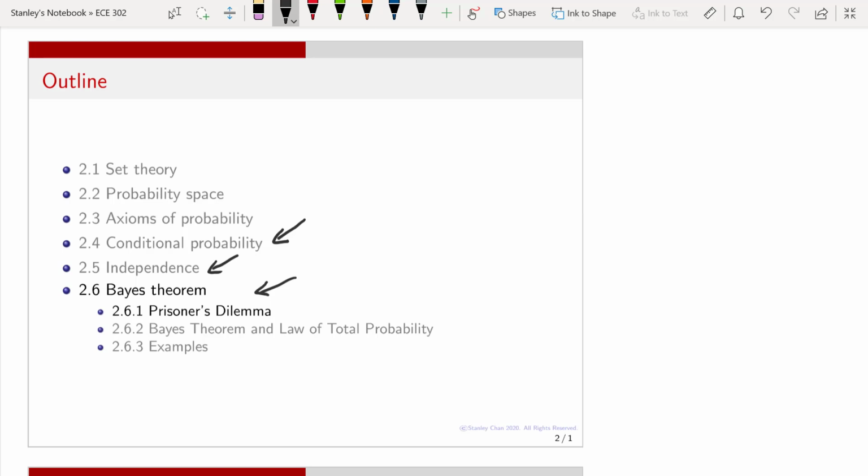The goal of this problem is to show you the difficulty of using conditional probability and independence to make reasonings. You will see that to solve this problem, we need some new tools. Therefore, I'm going to introduce Bayes' theorem and the law of total probability. Afterwards, we are going to look at a few examples, and then finally, we will come back to the prisoner's dilemma and explain how we can solve the problem.